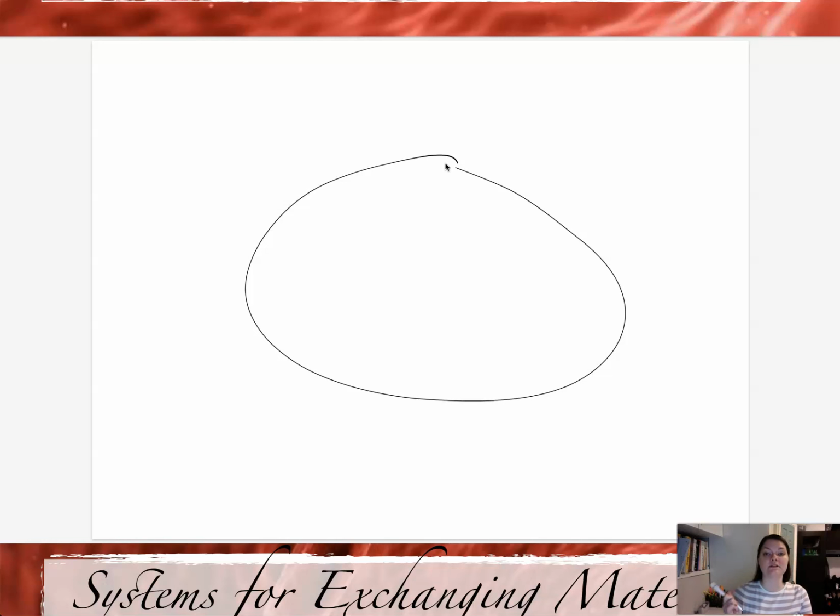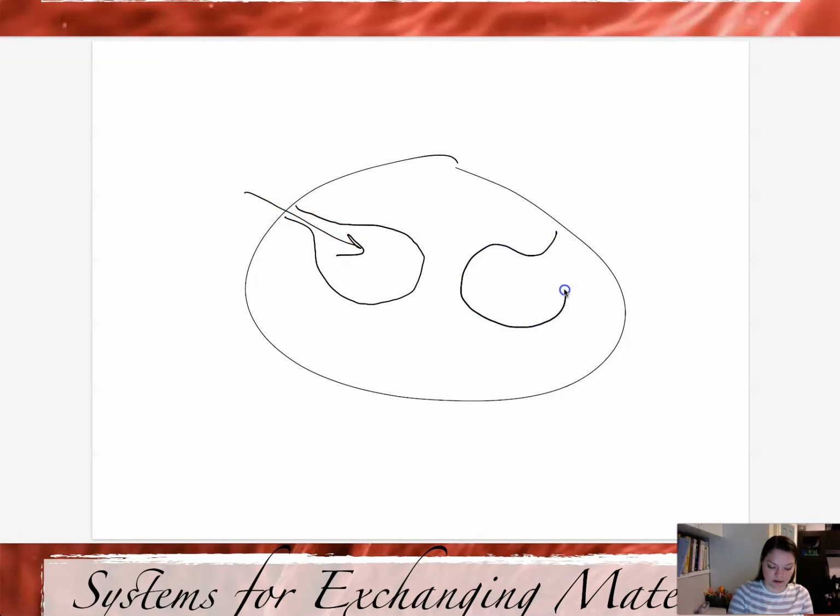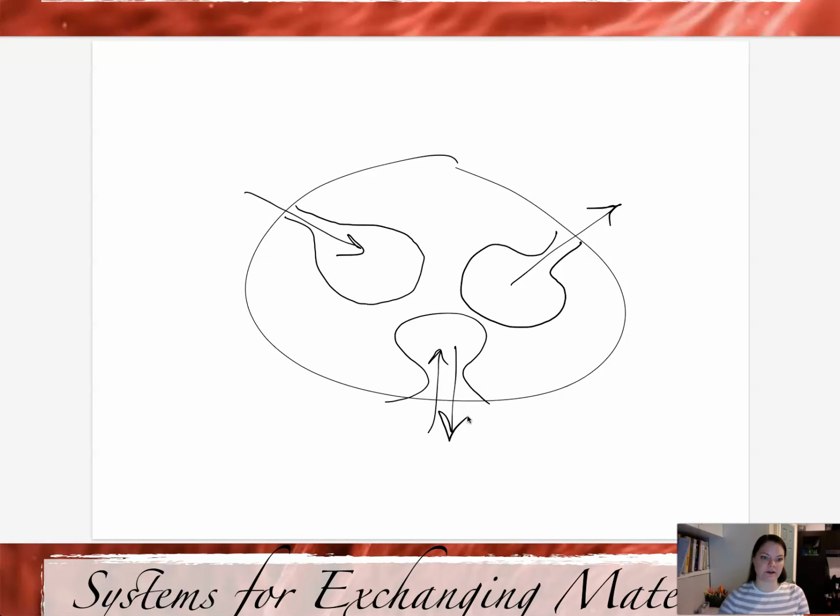So we're going to look at systems that are specifically designed to either bring in or get rid of, or both, different materials, right?